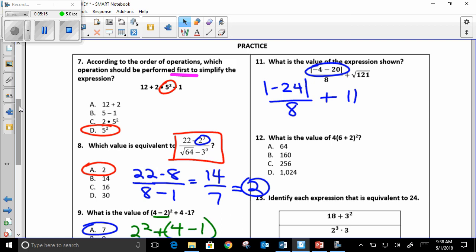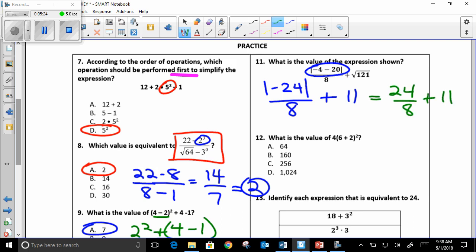The absolute value of a negative 24 is 24, so 24 over 8, then plus 11. 24 over 8 is 3, and 3 plus 11 is what? 14. Very good.